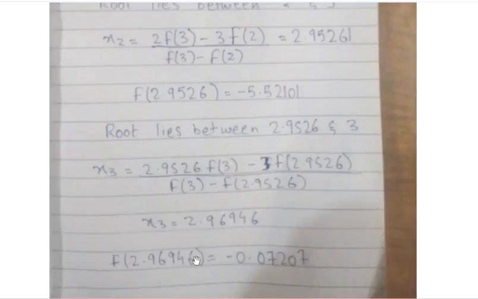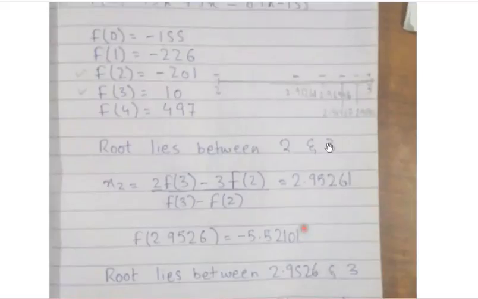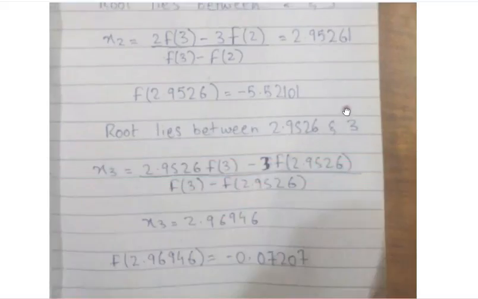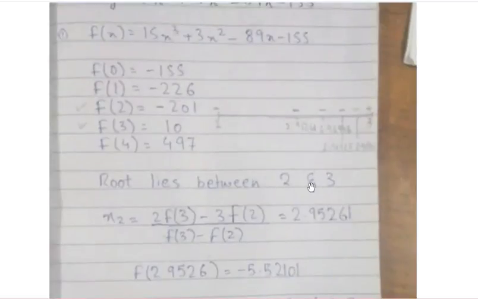So again we will apply our third iteration. As we know, the root lies between a negative and a positive value, so our recent negative value is 2.96946, and a positive value again is 3.